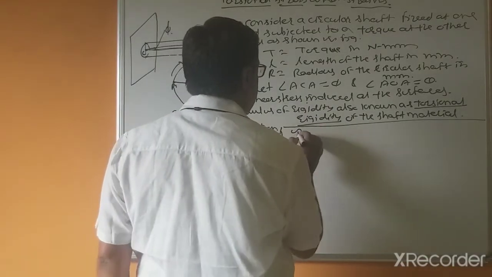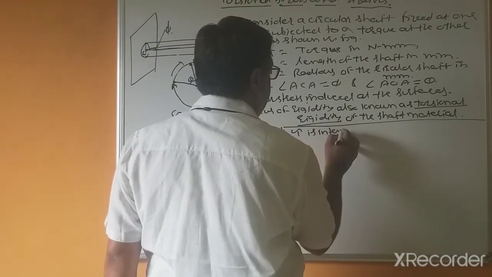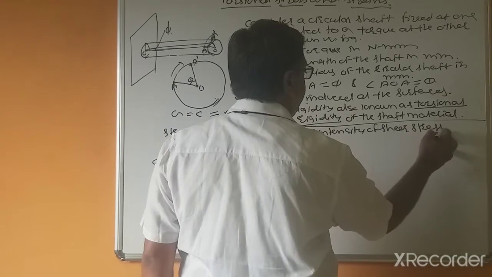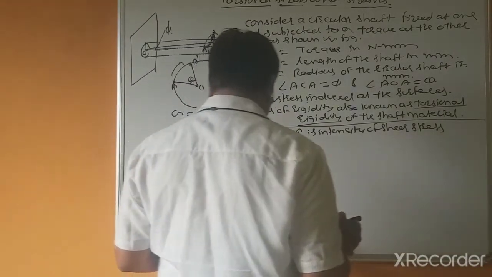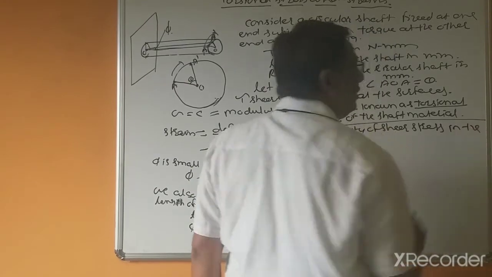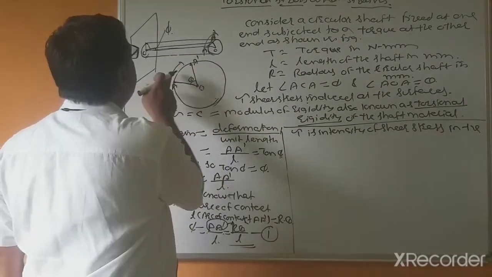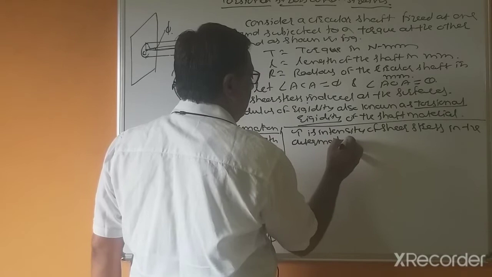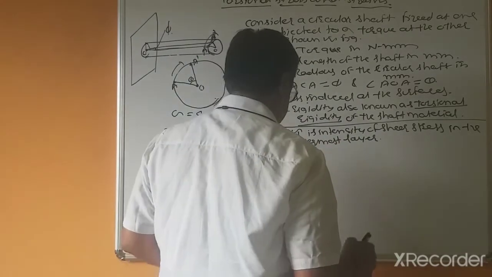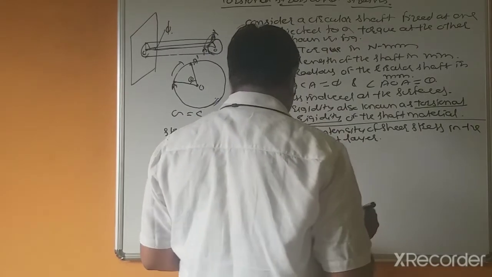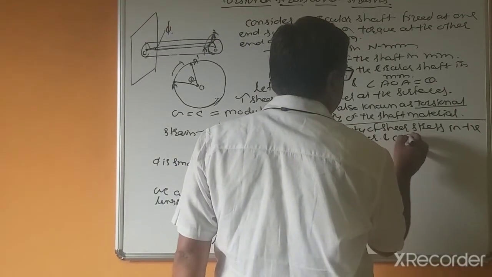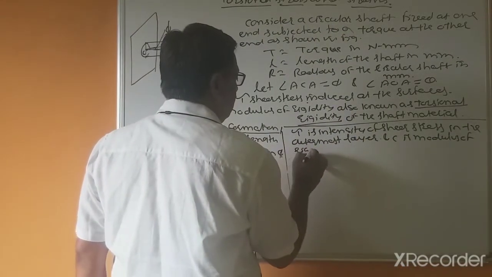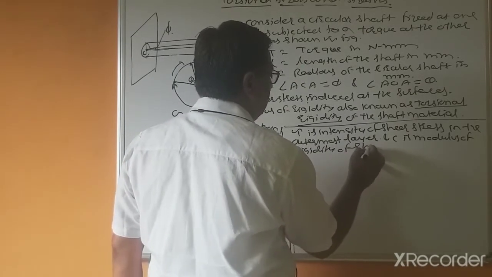So tau is the intensity of shear stress in the outermost layer, and C is the modulus of rigidity of the shaft.